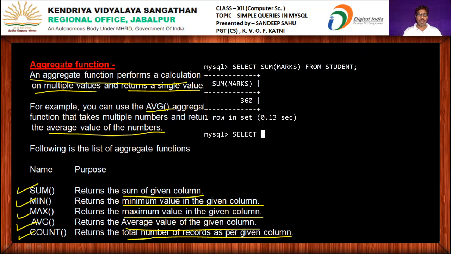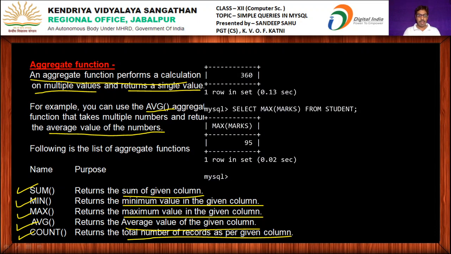So select max(marks) from student. This is the maximum marks in the table. Then suppose I want to find the minimum marks. Select min(marks) from student. So this is the minimum marks in the table.